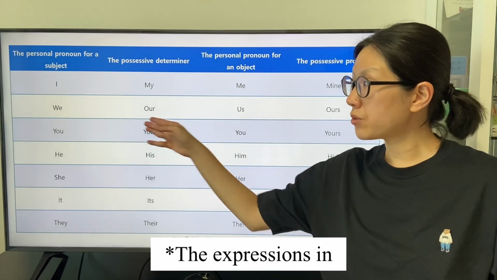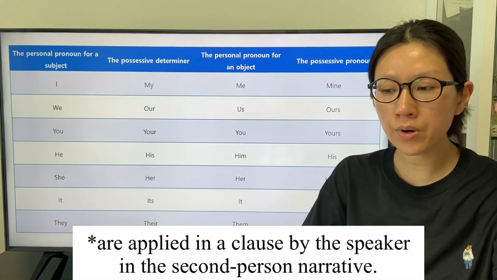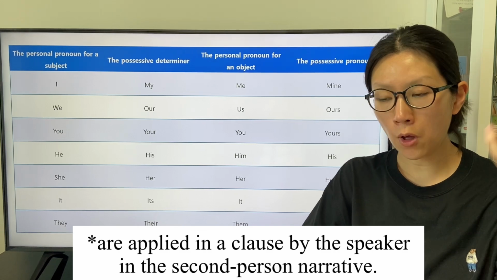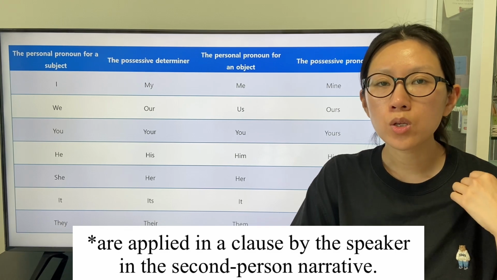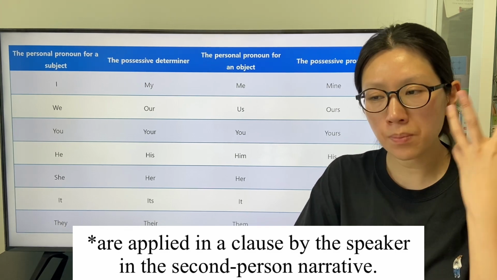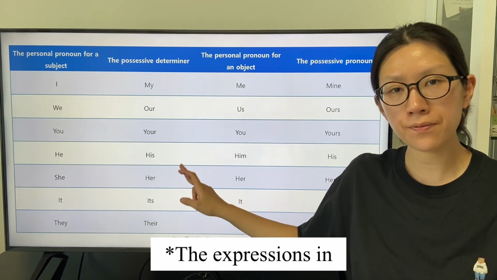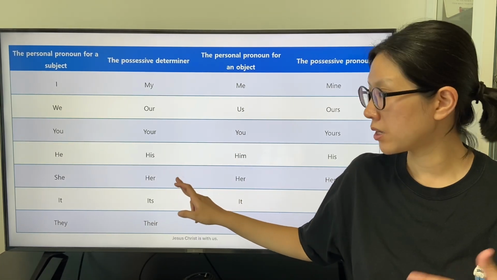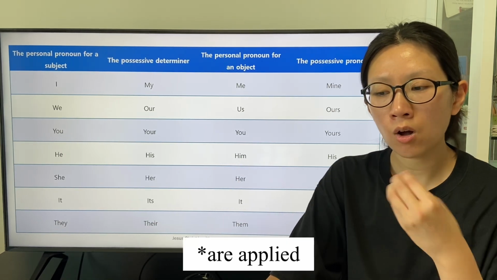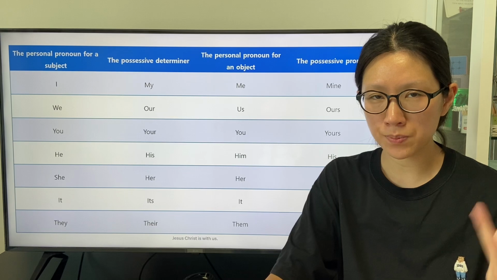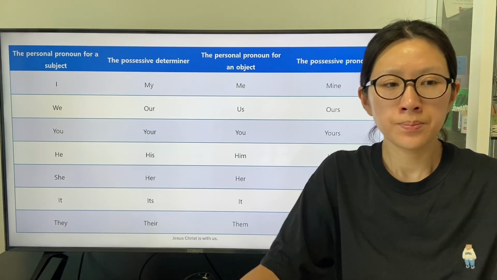The expressions in the third row are applied in a clause by the speaker in the second person narrative. The expressions in the fourth, fifth, sixth, and seventh rows are applied by the speaker in the third person narrative.